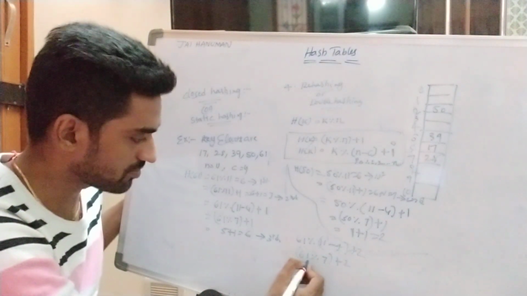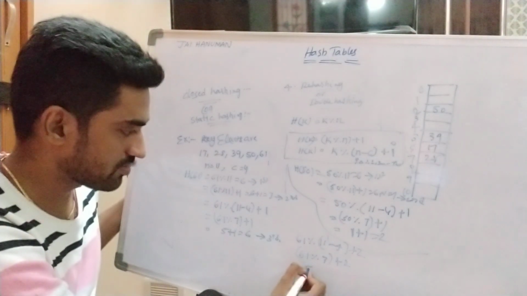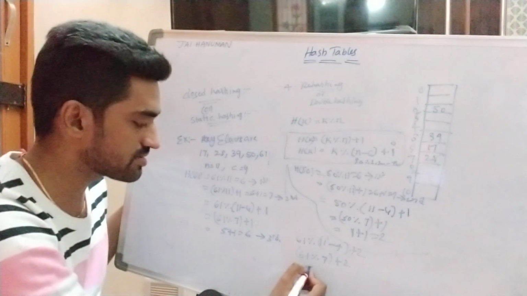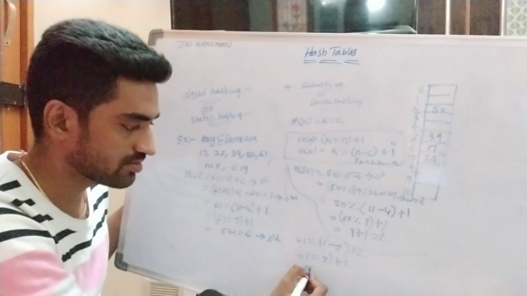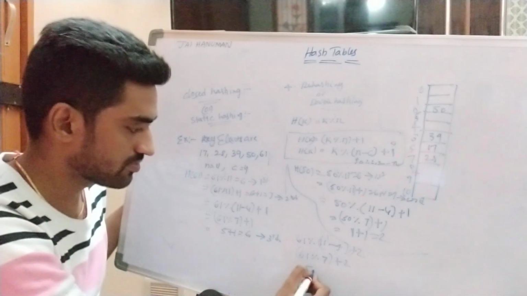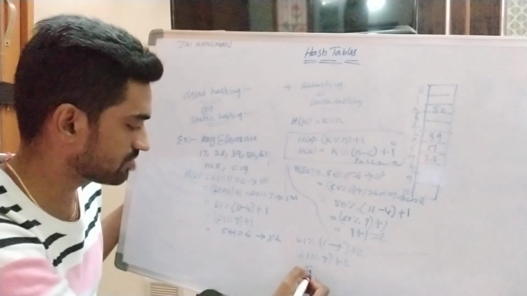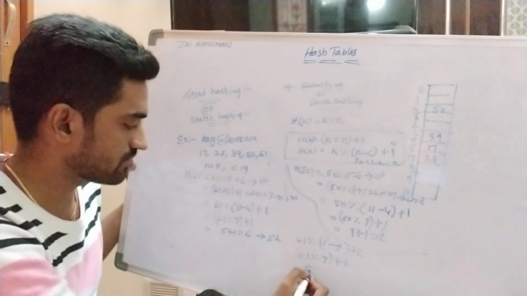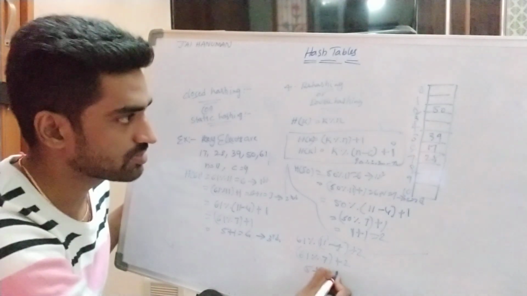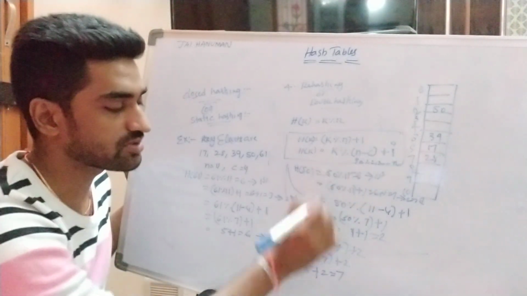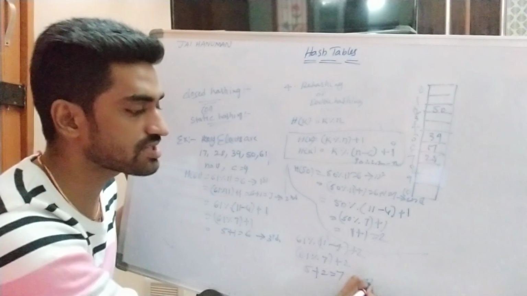This is 5. 7 sevens are 49, so 5. 5 plus 2, 7. So already occupied by 28, collision is occurred, fourth collision is occurred.